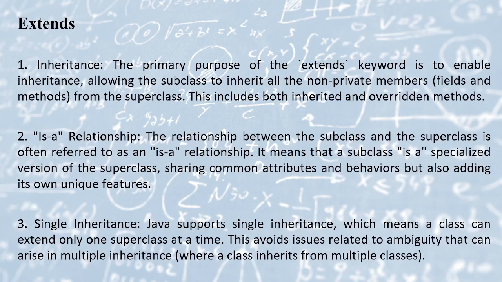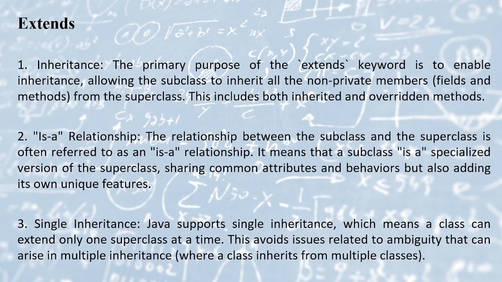Okay, so first of all, extends helps in inheritance. The primary purpose of the extends keyword is to enable inheritance, which allows the subclass to inherit all the non-private members, fields and methods from the superclass.